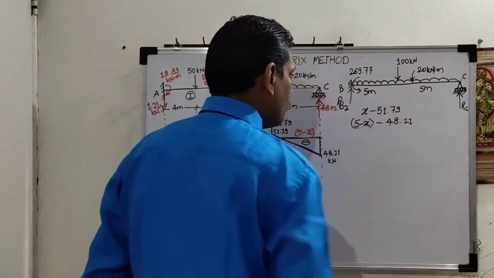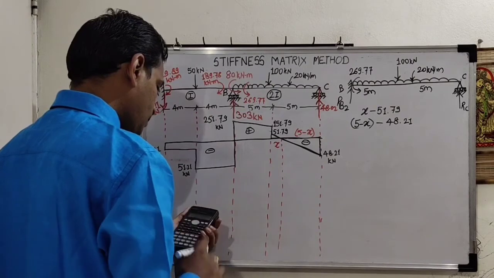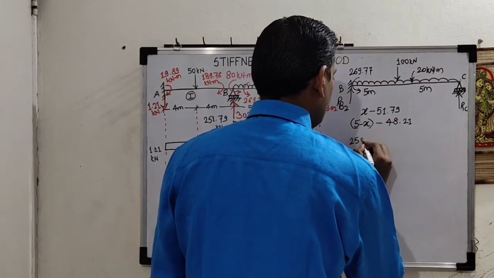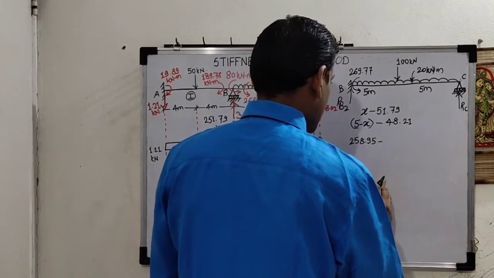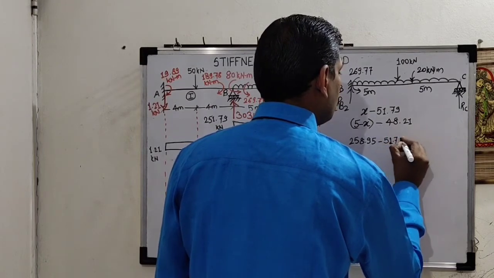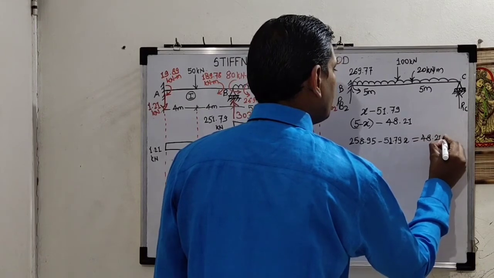So take cross multiplication. So 51.79 into 5, it is 258.95, minus 51.79x, is equal to 48.21x.